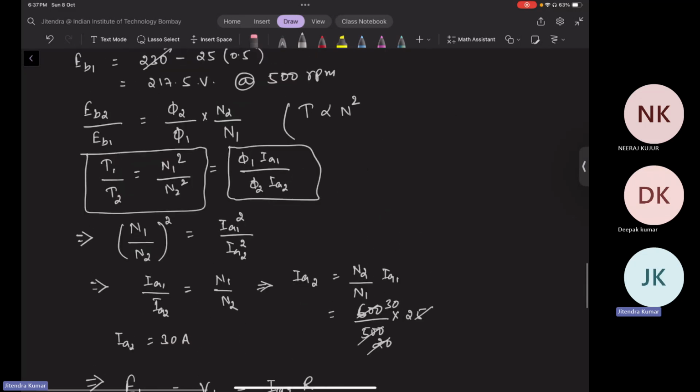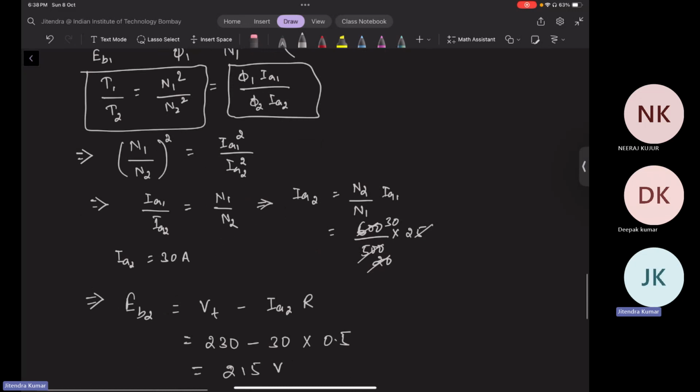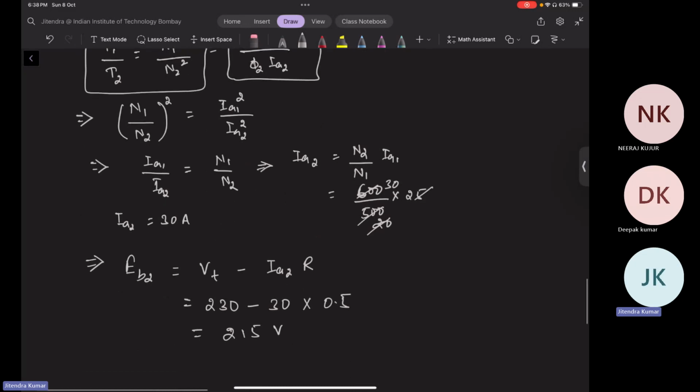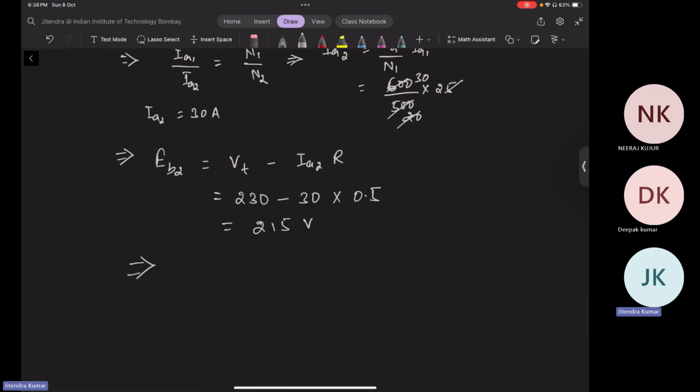EB2, no. Yeah, I guess it is fine. Now after that, if you are done with EB2, then what you can do is you can calculate the supply voltage, which will be equal to EB2 plus IA2 into R. So EB2 is 215 plus IA2 is 30 into R is 0.5. So it should not lead to again a similar value, right?